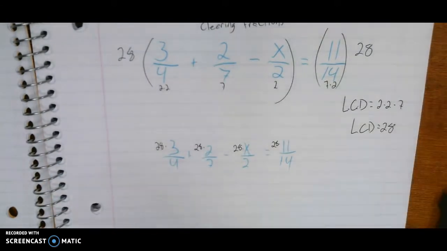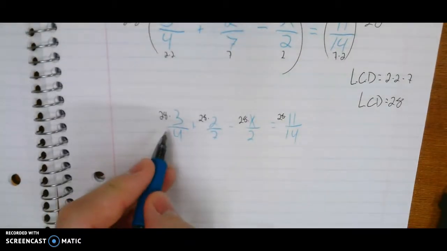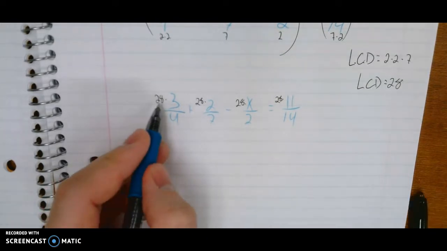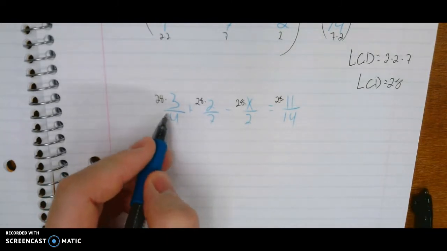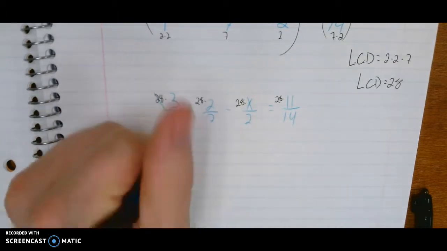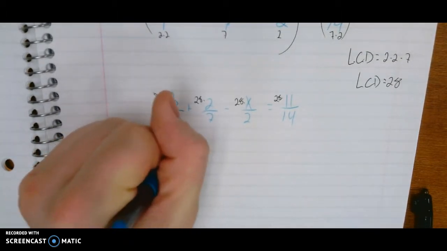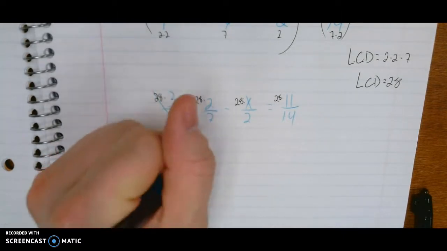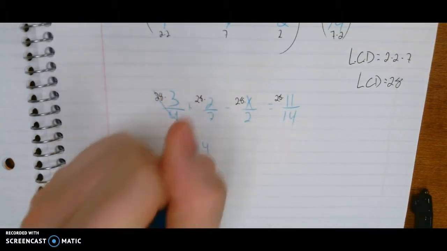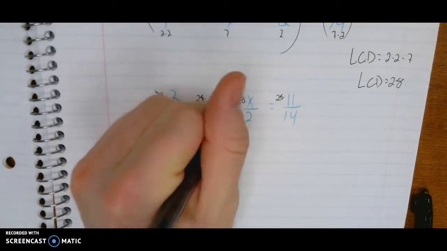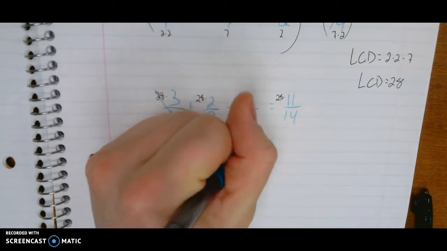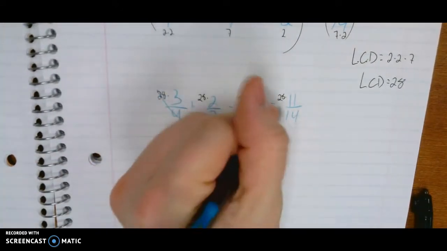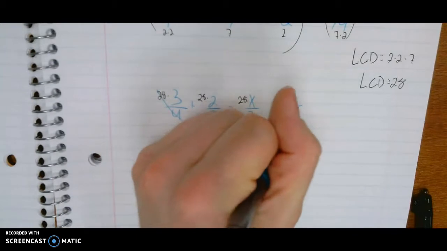Now, assuming we did this correctly, every single one of these pieces should cancel out with the denominator and reduce a bit. So 28 over 4, that reduces down to 7. 28 over 7, that reduces down to 4. Next, we have 28 over 2, that reduces down to 14. And on the other side of the equal sign, 28 over 14, that'll reduce down to 2.